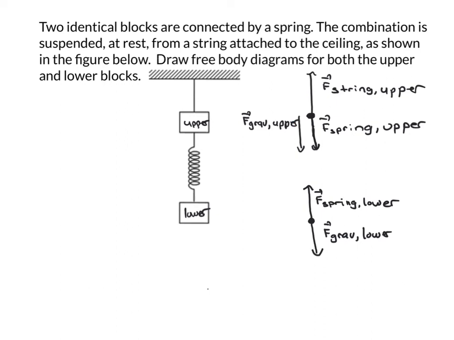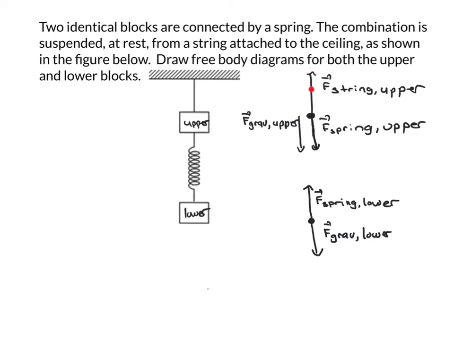Okay, and that means the last thing we can say is, because we know that the upper block is at rest and we've identified all of the forces that act on it, and since these forces have got to sum to zero because the upper block is not accelerating, that must mean that the string force that is exerted on the upper block has got to cancel these two forces.